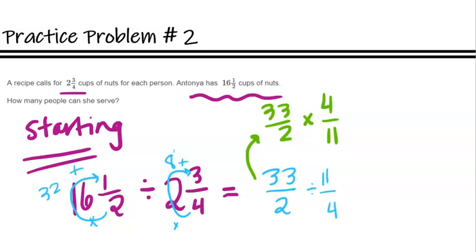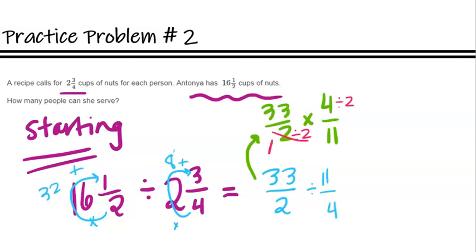This is just a little extra tip. When you're multiplying only, you can do what's called cross simplify, where if your numbers that are diagonal have a common factor, you can divide both of them by that common factor. So these are both in the 2 family.